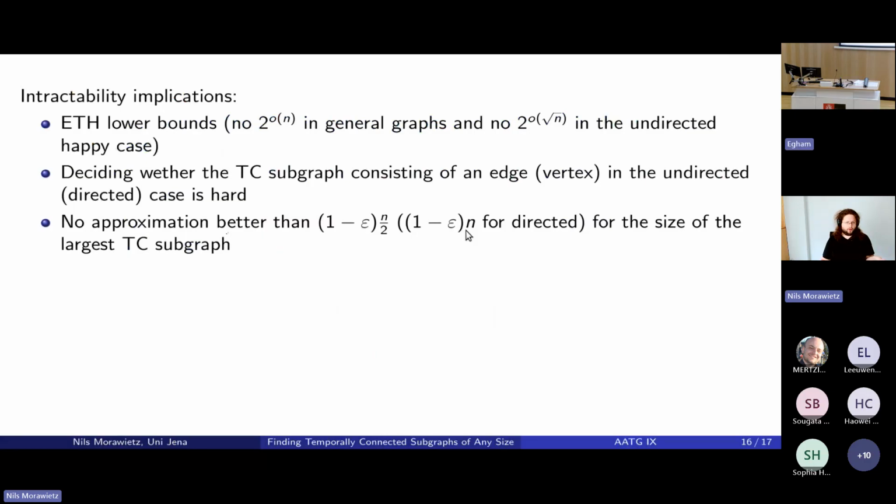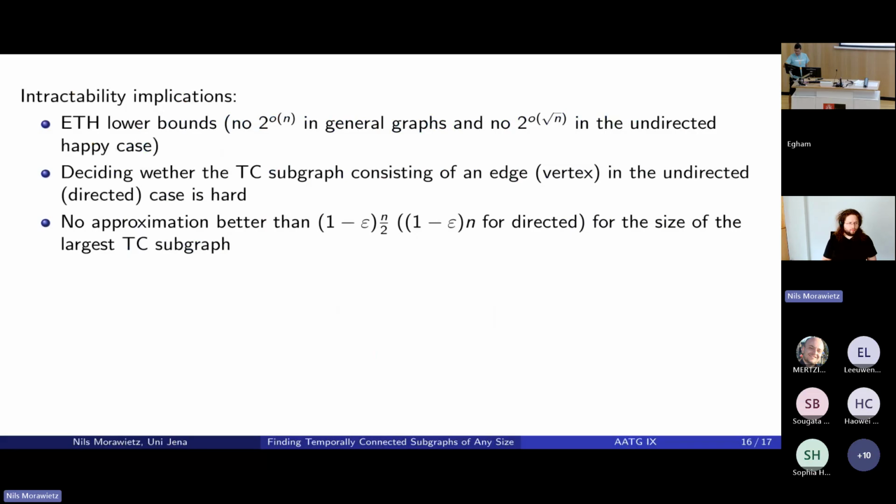Just a single vertex is always a temporally connected subgraph. So you're guaranteed to have the size approximated within a factor n. And for the undirected case, an edge is always a temporally connected subgraph. So this is why we have a division by 2. But still, if epsilon would be 0, the approximation is trivial.